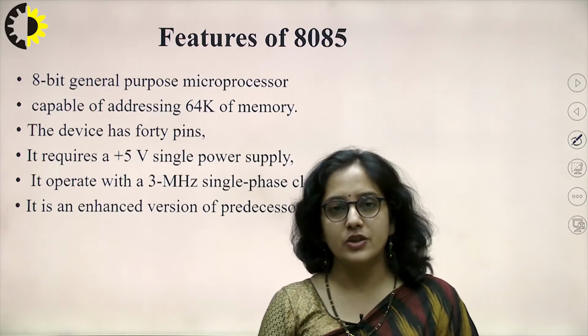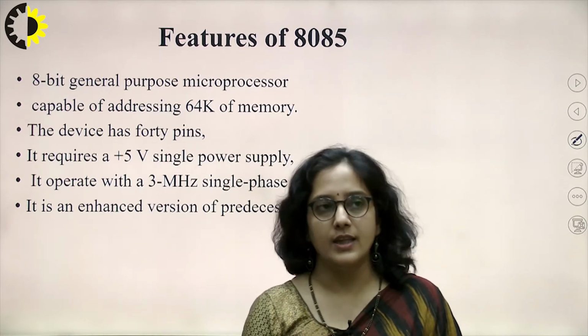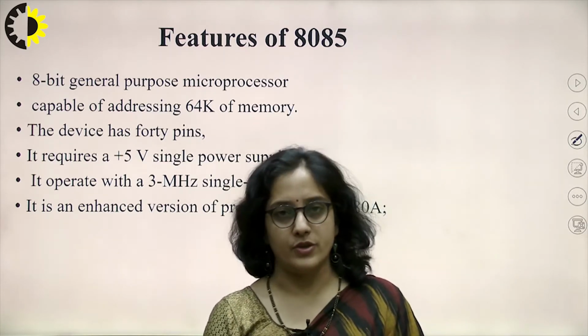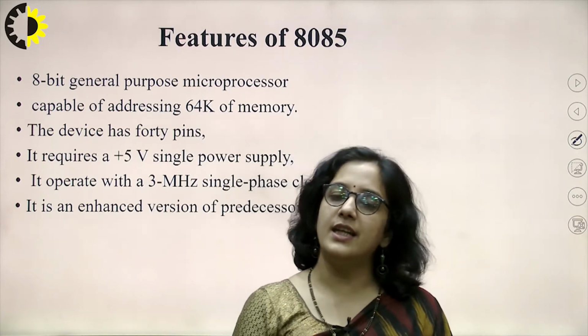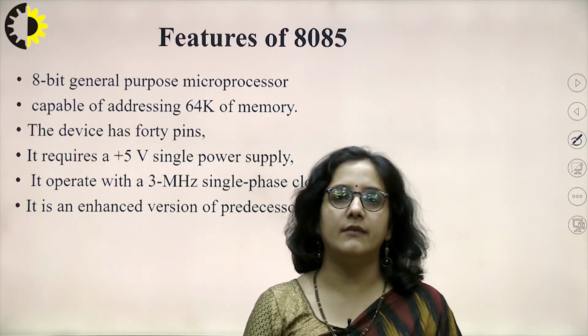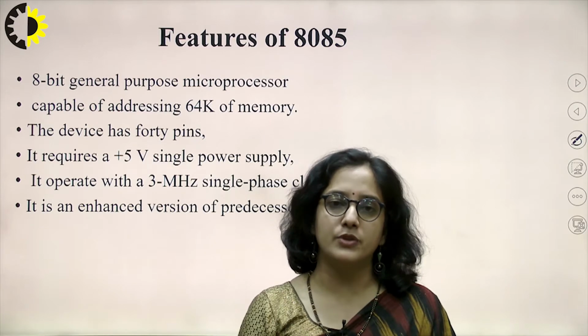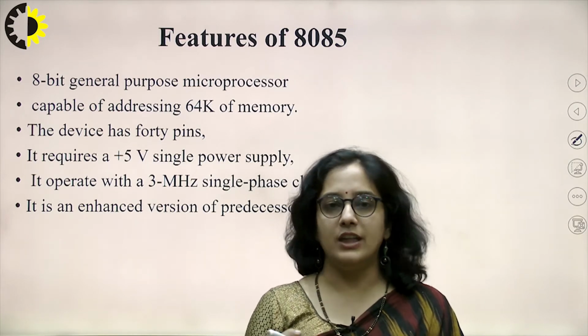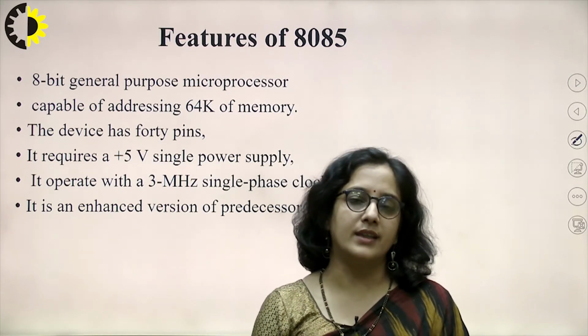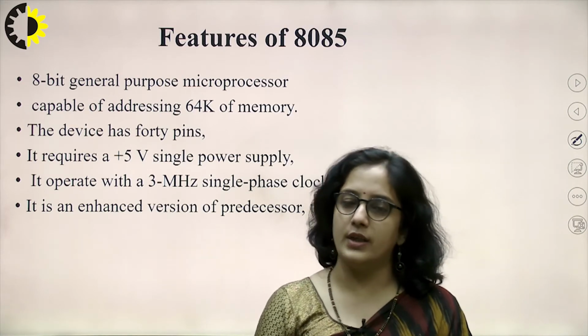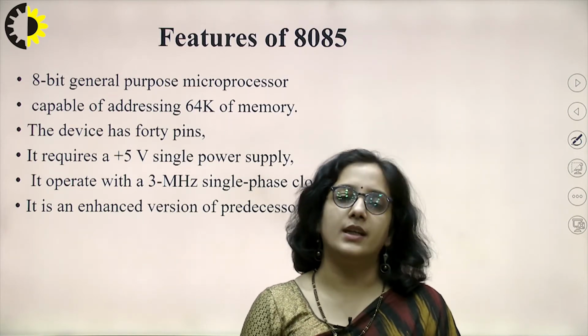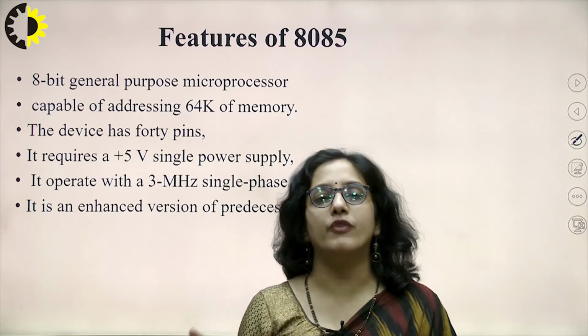So, the first feature of the 8085 microprocessor is that it is an 8-bit microprocessor. When we say that it is an 8-bit microprocessor, it means it can process data of 8 bits each. Whenever I give an input to the 8085 processor, it takes that data in a bunch of 8 bits.